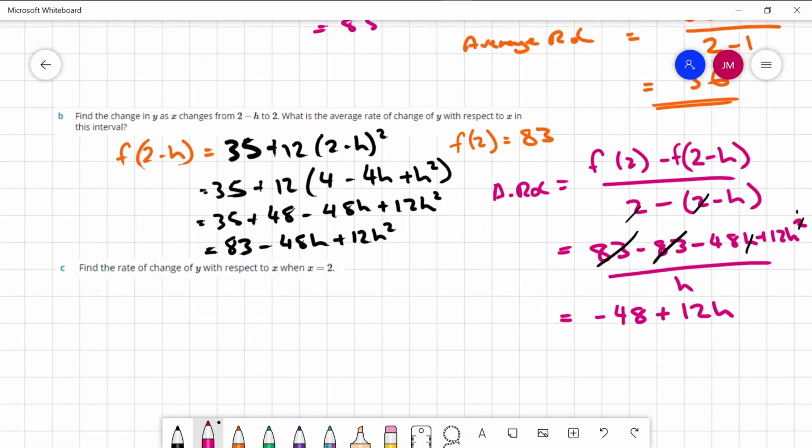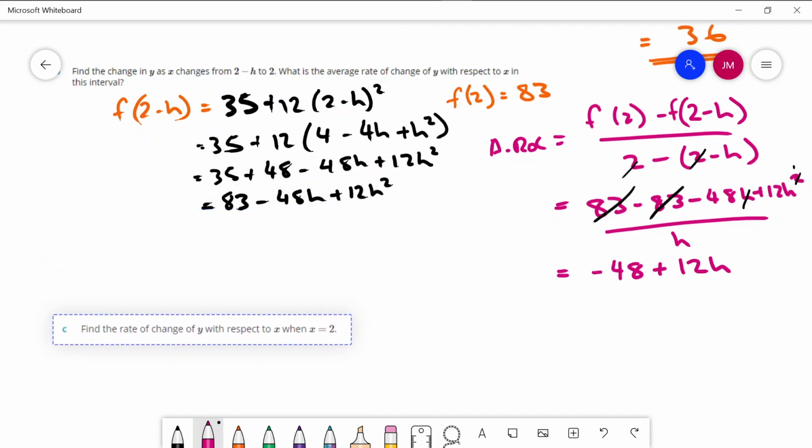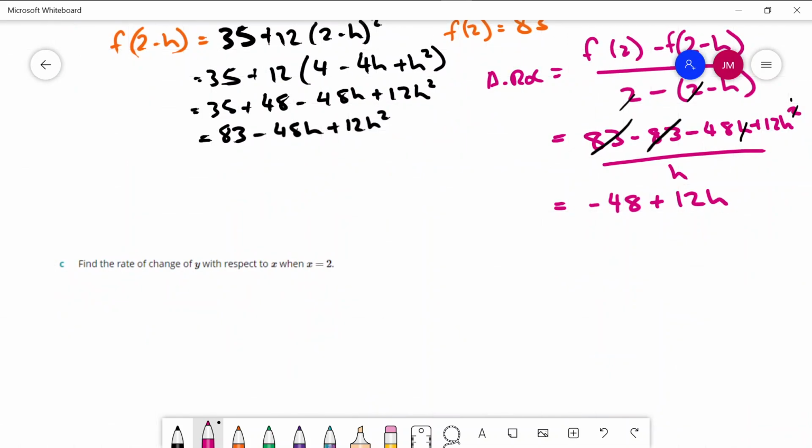For the last part, part C, let's move it down a little bit so we've got a bit more space. We want to find the rate of change of y with respect to x when x equals 2. So this is our instantaneous rate of change. So we just need to find the derivative at 2. First, let's find the derivative.